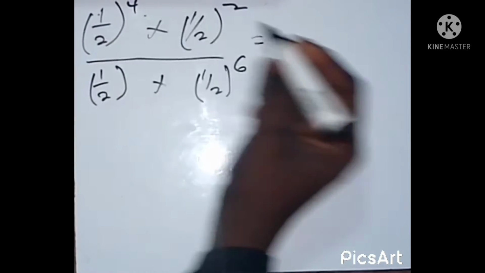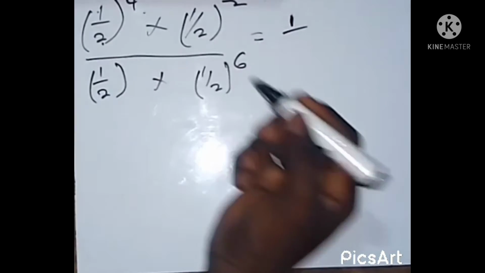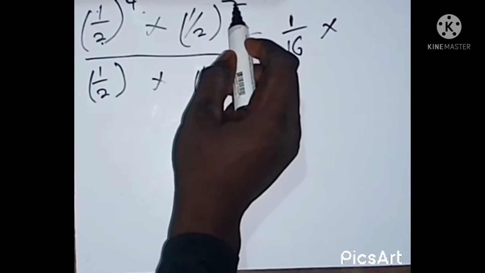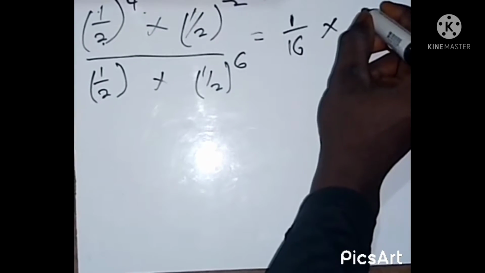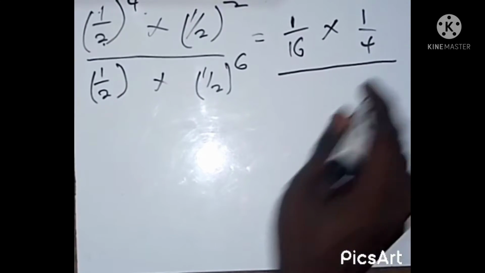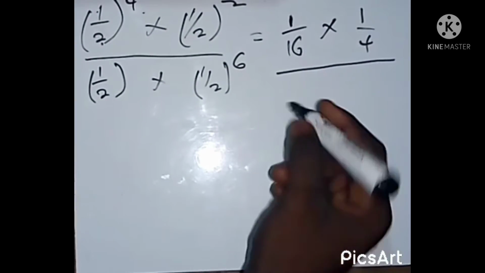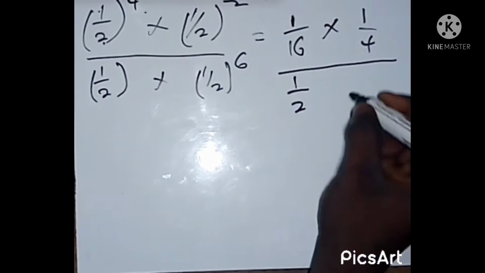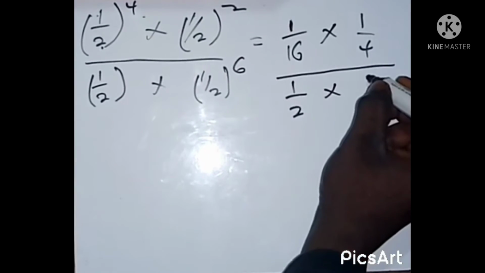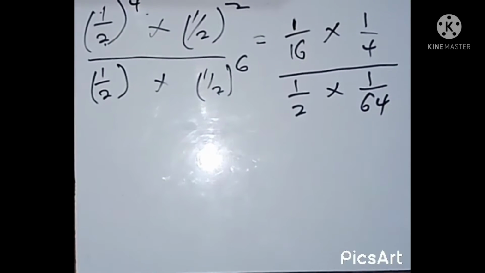So 1 exponent 4 is the same as 1, and 2 exponent 4 will give us 16, times 1 exponent 2 will give us 1, and 2 exponent 2 will give us 4, and all this over here we have half or 1 over 2 with no exponent, so we maintain it as it is, times 1 exponent 6 gives us 1, and 2 exponent 6 gives us 64. You're going to have something like this.